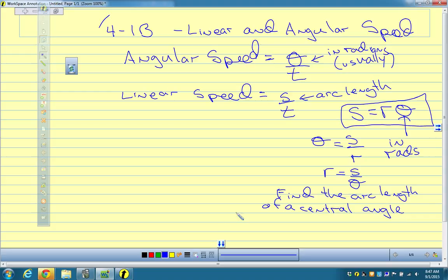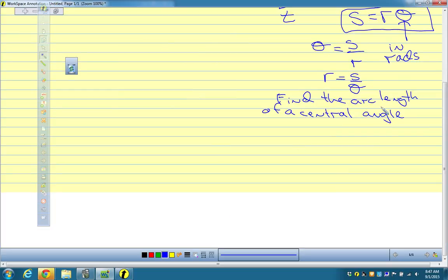I'll move it up in a second. Find the arc length of a central angle that measures 60 degrees with a radius of 5 inches or something like that. So that's the arc length on a circle, I guess I should have said, of a central angle that measures 60 degrees with a radius of 5.